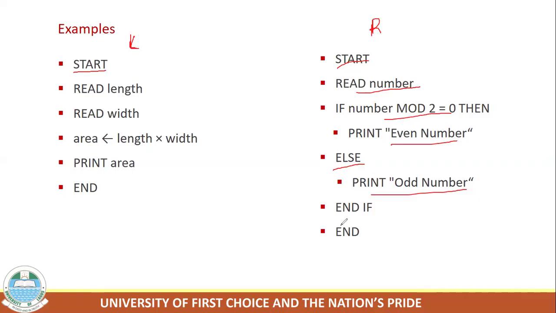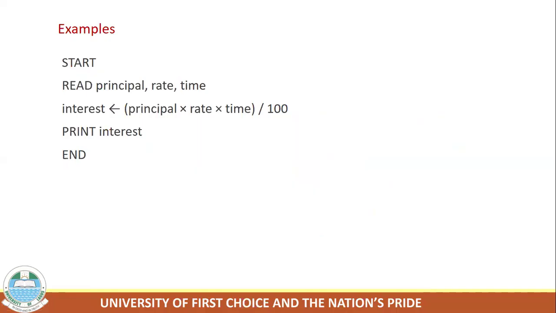Then we end the if statement, then we end the entire program. So start, end. All right, so there's our pseudocode, very easy. So you can see that this course is somewhat simple to follow.